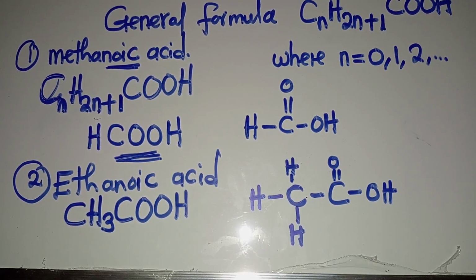So we've got ethanol, they've got their own general formula. We've got ethene, they've got their own general formula. We've got alkanols, which are also known as alcohols. They've got their own general formula. We also have alkanoics, which are also known as carboxylics.